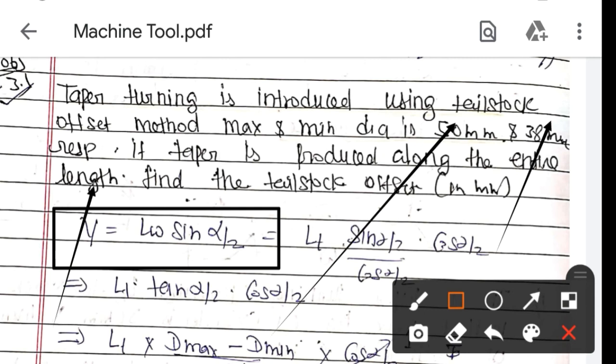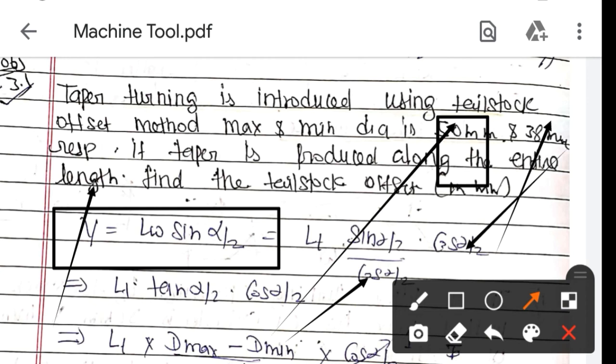Okay, so here alpha is not given, so we have to manipulate this question in such a way that without even alpha we have to solve this one. So what I have done over here is just divide by cos alpha by 2 and multiply with cos alpha by 2. And why I am doing this, I'll explain it.